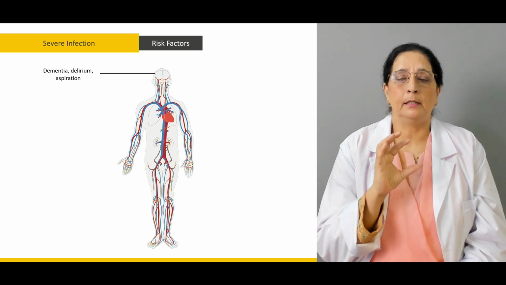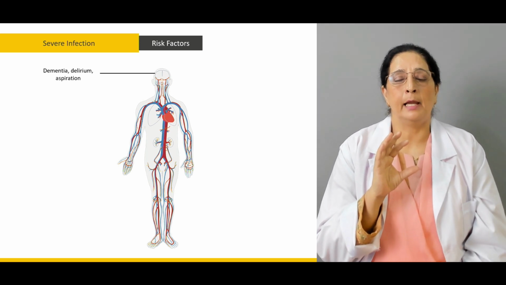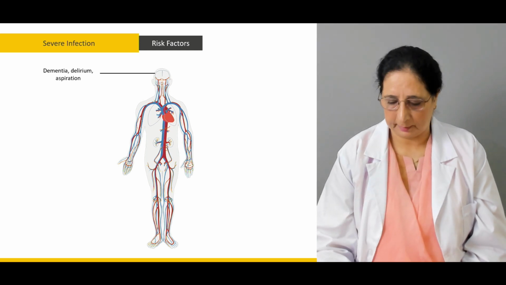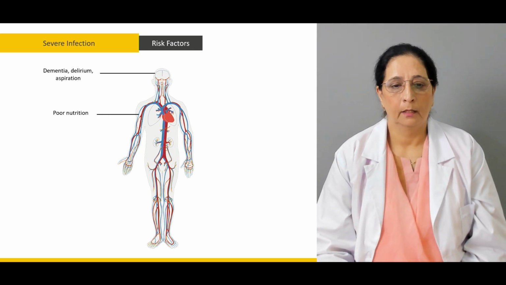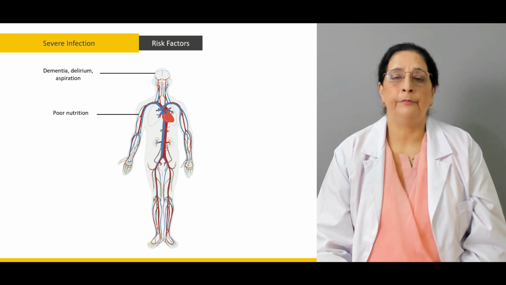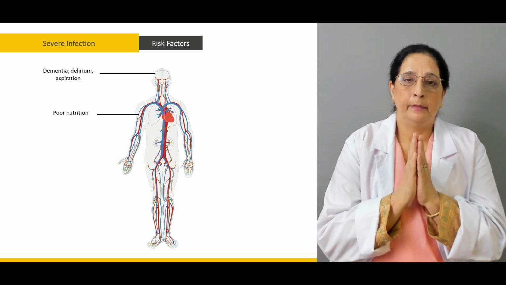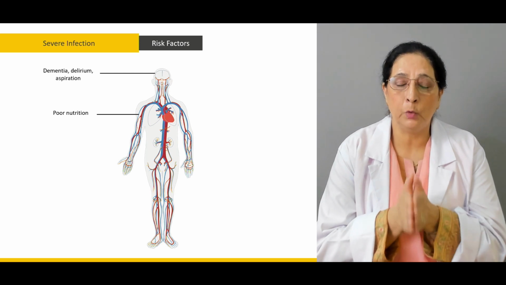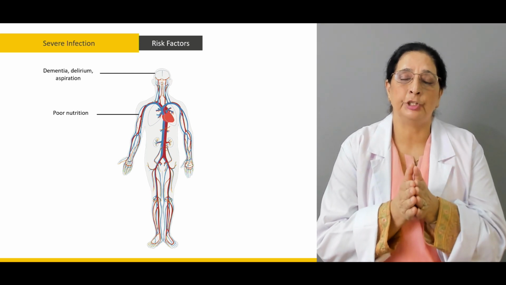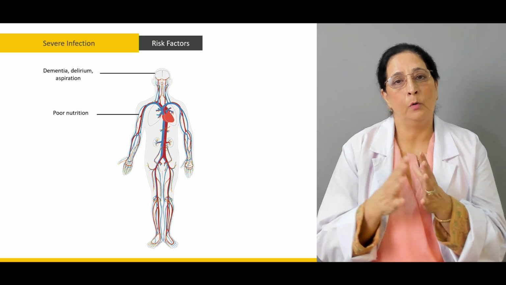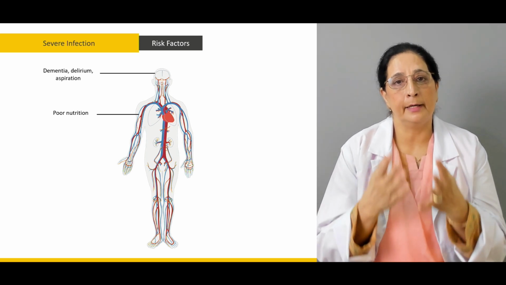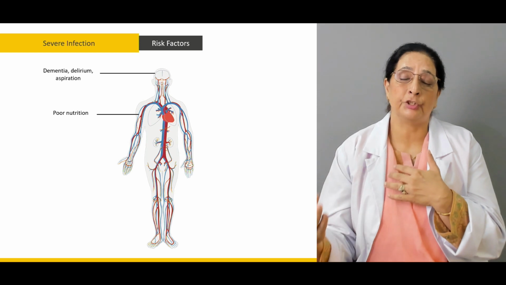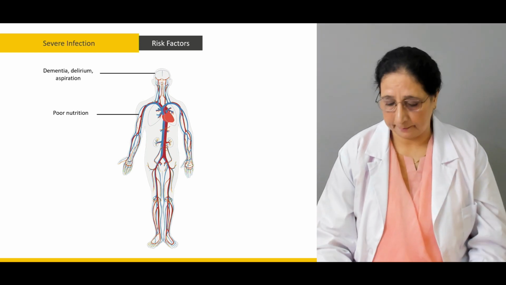All these are patients who can have severe infections. Poor nutrition: if the nutrition is poor, the person will have a poor immune response to the infection, and that is more likely to cause severe infection, leading to sepsis.